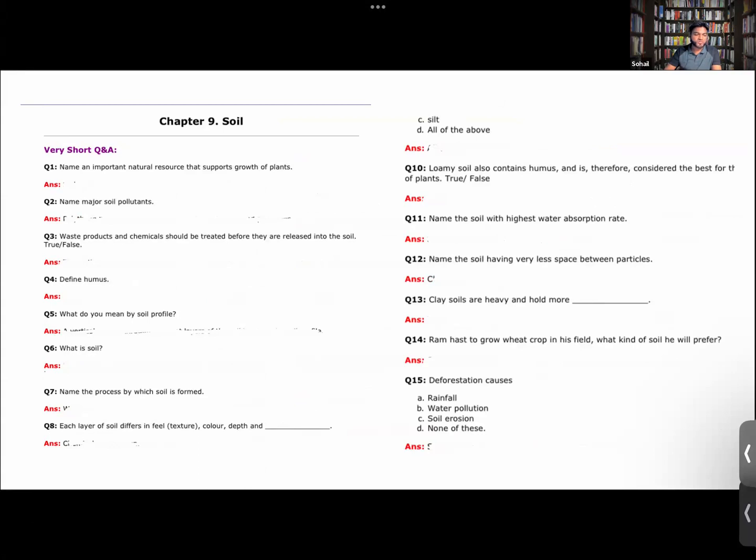Guys, let's do one thing now. It will be better if you just send the photos right now, and in the next class I will tell you the marks of the test, so that we can continue with the new chapter today.